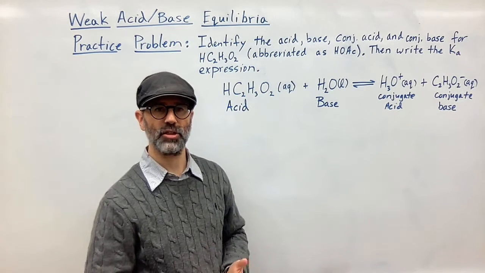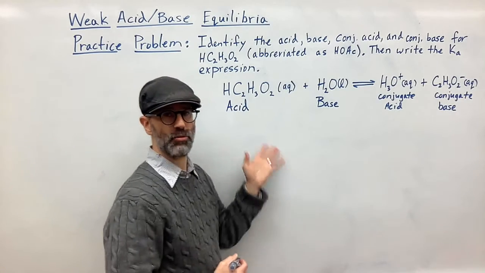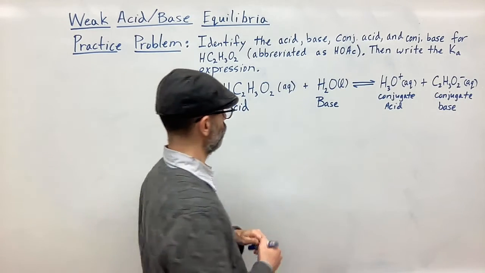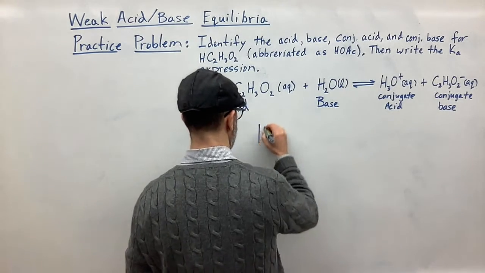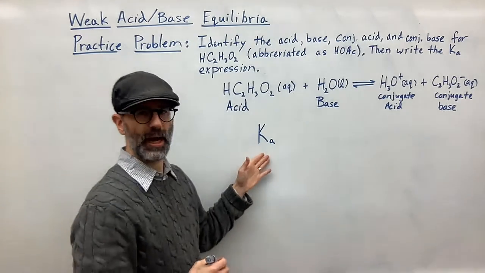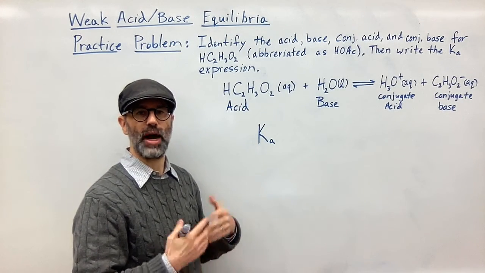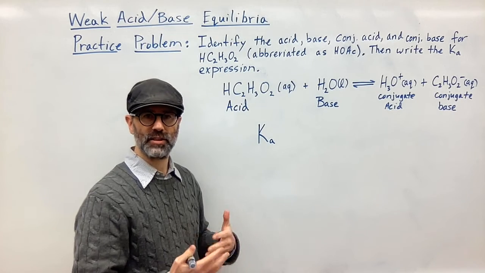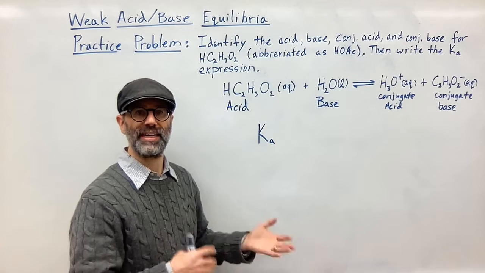So we've now labeled the acid, base, conjugate acid, and conjugate base. The next thing is to write our equilibrium expression. Since this is an acid reacting with water, that is going to be our Ka. It's very important to understand what our Ka is. Ka and Kb are the dissociation or ionization constants, or equilibrium constants, for an acid or base in water.